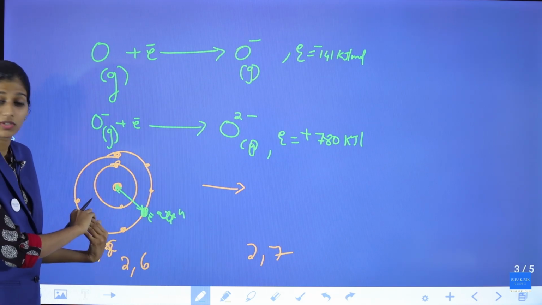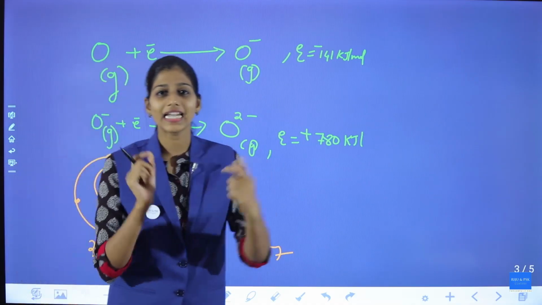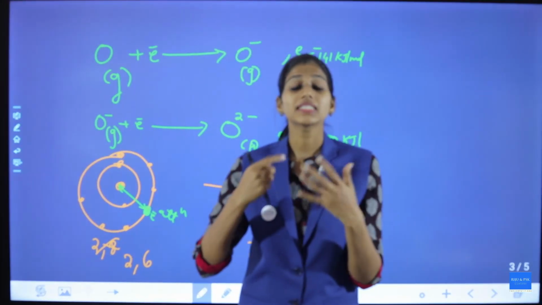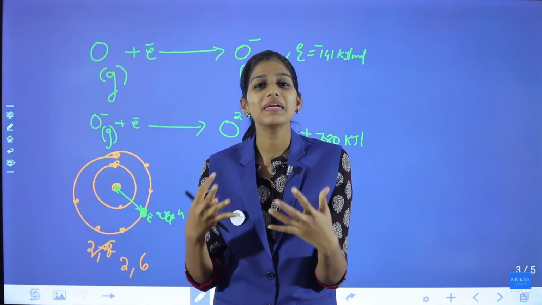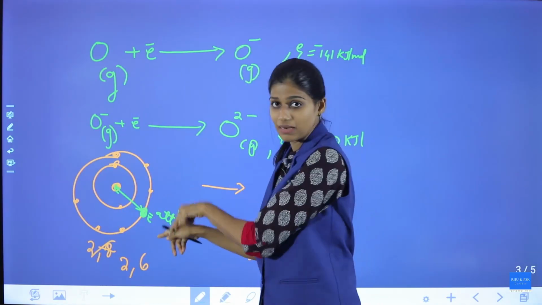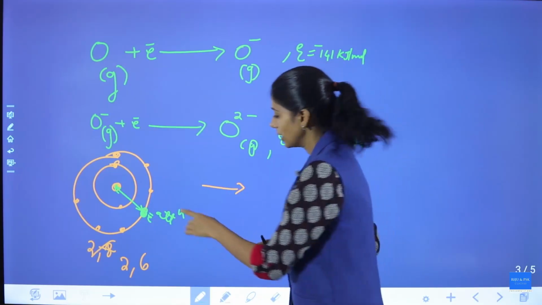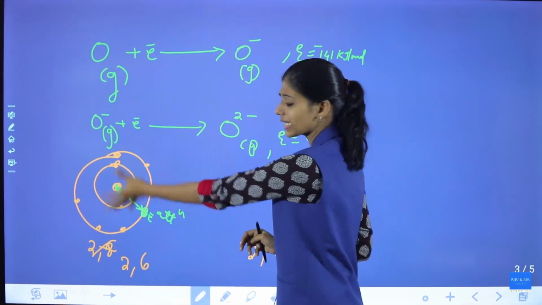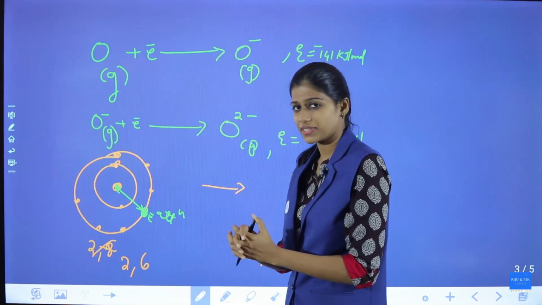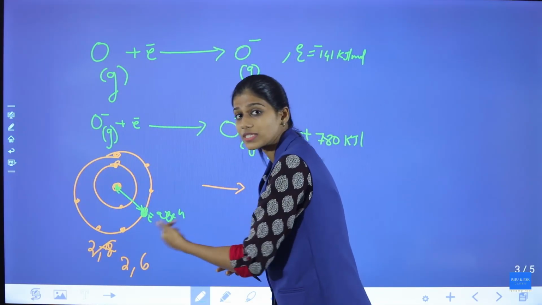Because the nucleus is a positive center, the electron is a negative center. So after adding 1 electron, there is a new attraction built up between the nucleus and the incoming electron, the electron which is just added. Baaki ella electronsinum nucleus inod attraction undu. Apart from that, a new attraction is now set up.